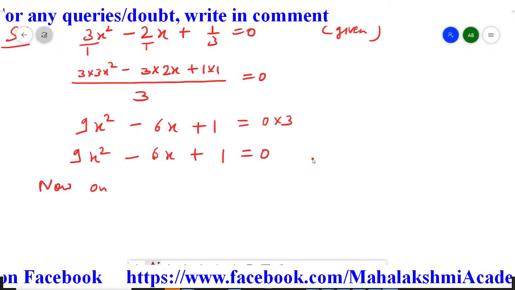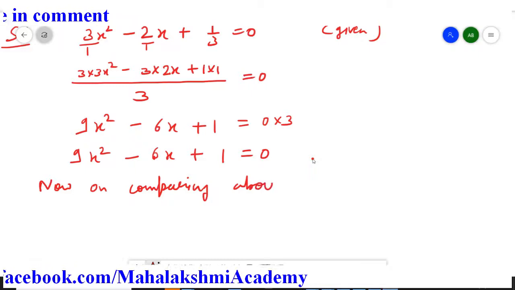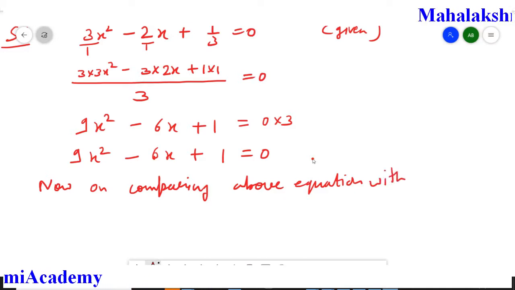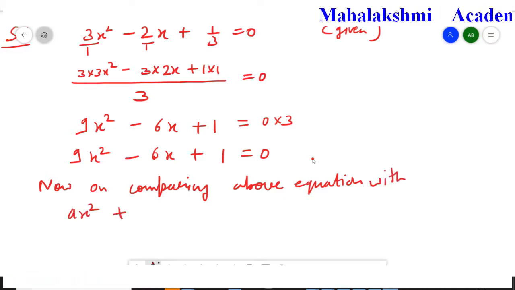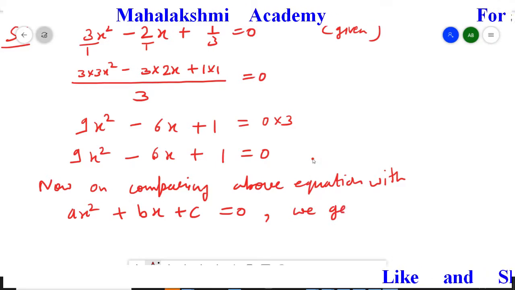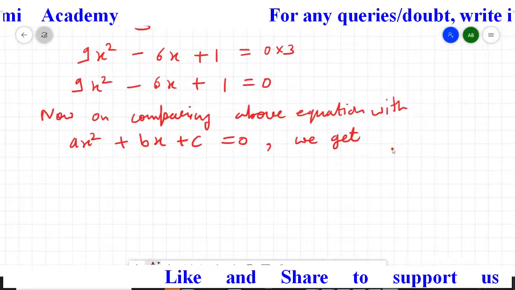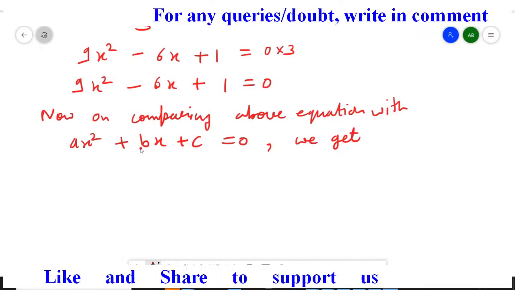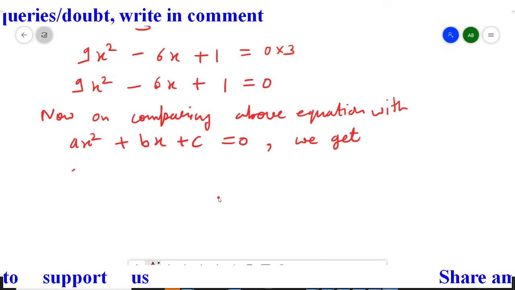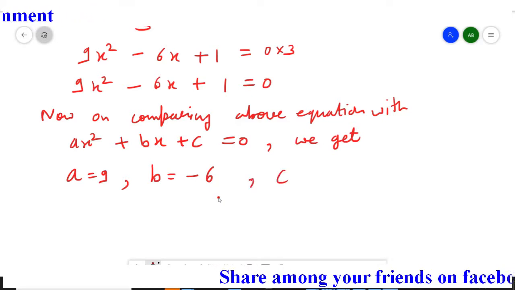Now on comparing the above equation with ax squared plus bx plus c equal to 0, we get a is equal to 9, b is equal to minus 6 and c is equal to 1.